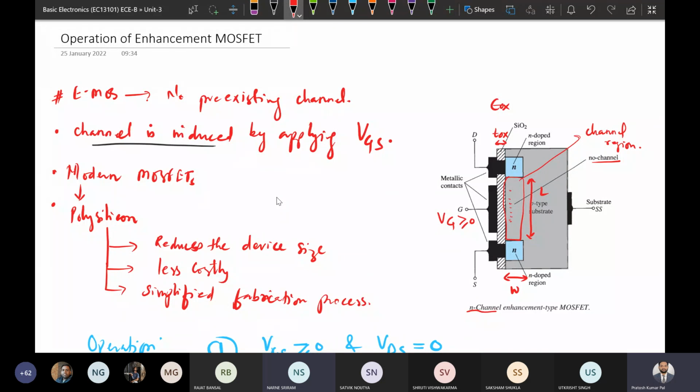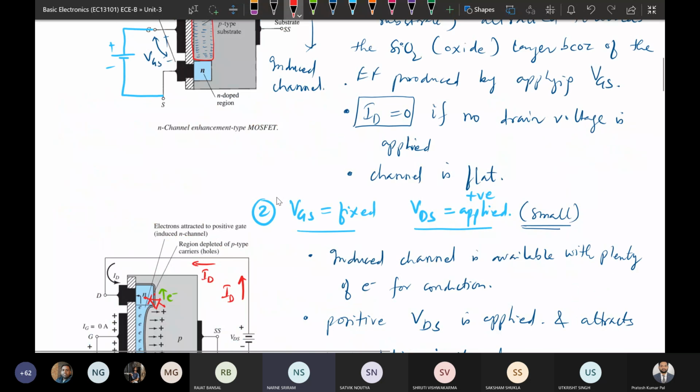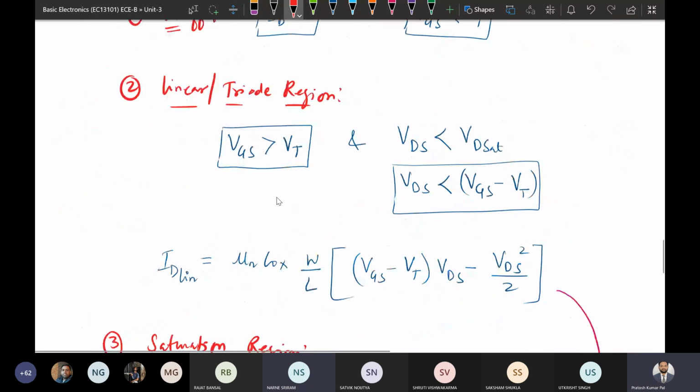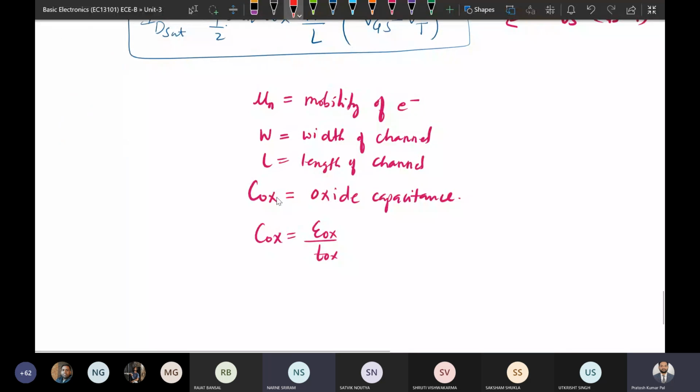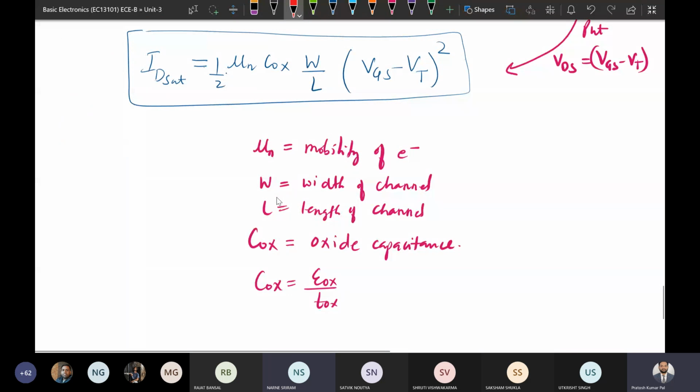This is a 2D structure; in 3D you will be able to clearly identify the width. For basic understanding you can take this length. And VT you already know, VT is the threshold voltage.